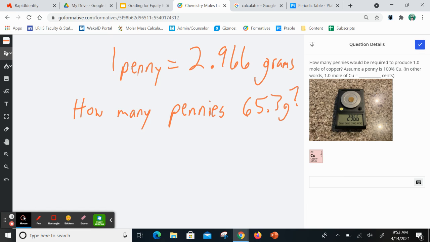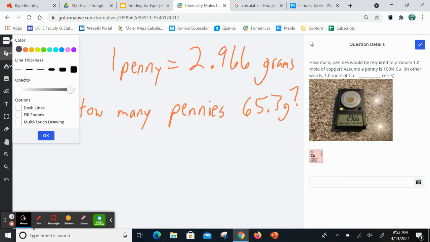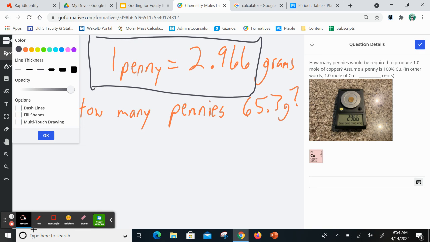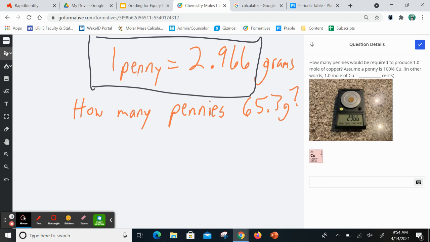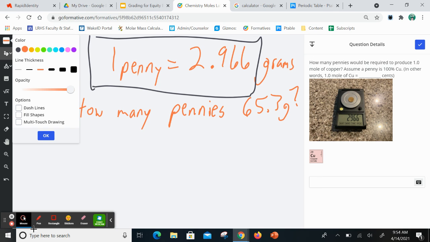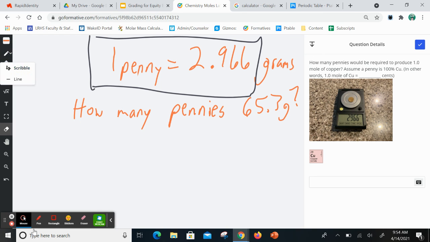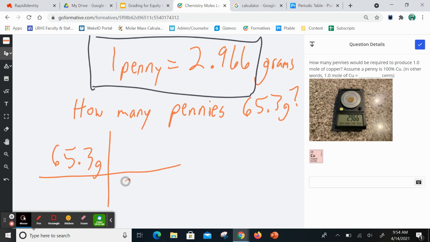So if 1 penny equals 2.966 grams, this should look to you like a domino, right? So if we're going to do our little domino work, pretend that didn't happen. All right, so if we have 65.3 grams, we're going to want the 2.966 on the bottom, and we want the 1 penny on the top.